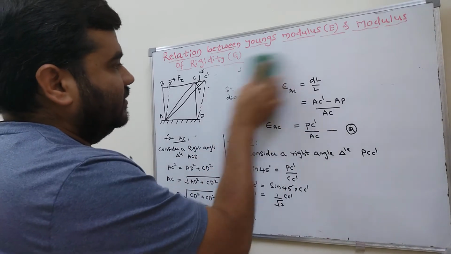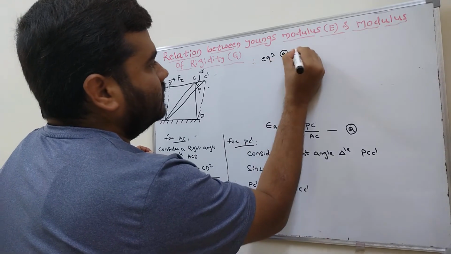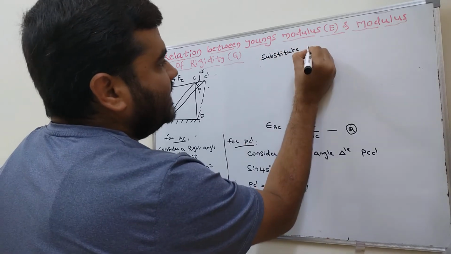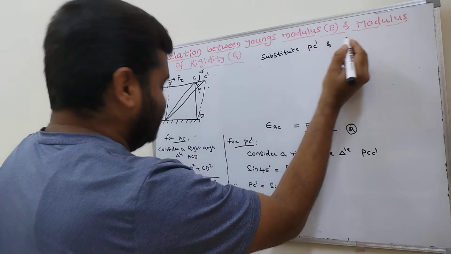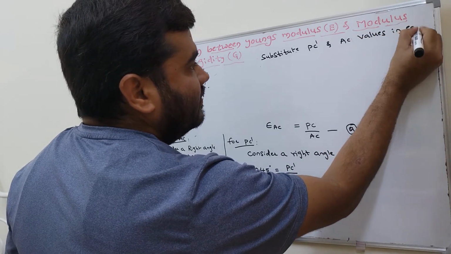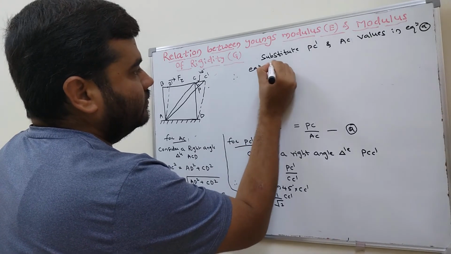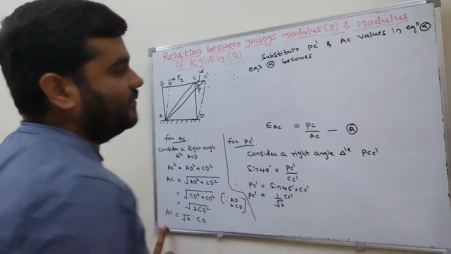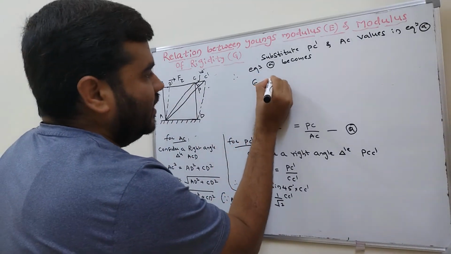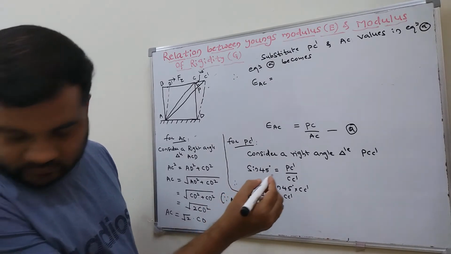In equation A. Therefore, equation A becomes, substitute PC dash and AC values in equation A. Therefore, equation A becomes strain of diagonal AC equal to, what is PC dash?